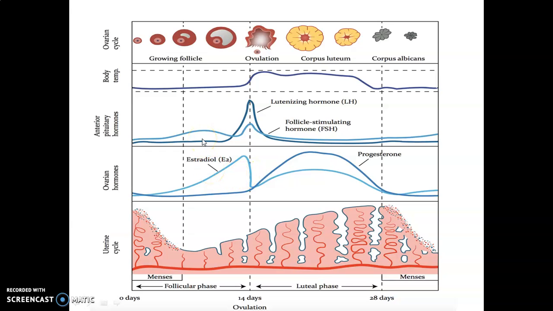Here we can see the hormones released from the anterior pituitary, then body temperature, then the ovarian cycle. You can see the growing follicle, then ovulation at the 14th day, then changes in corpus luteum and corpus albicans, then menstruation.